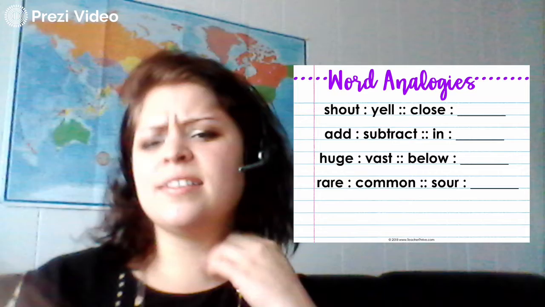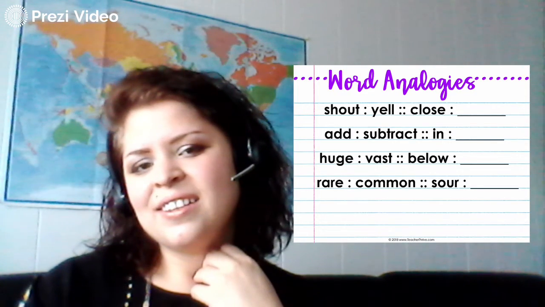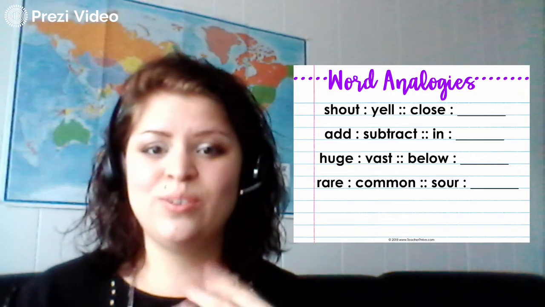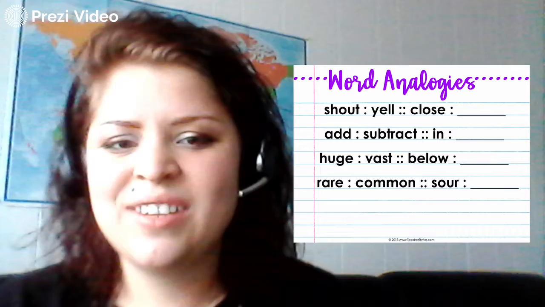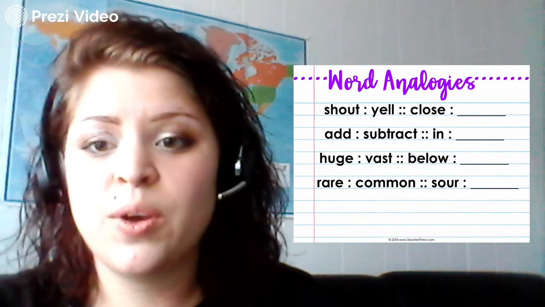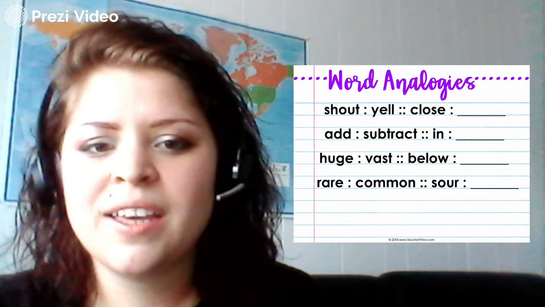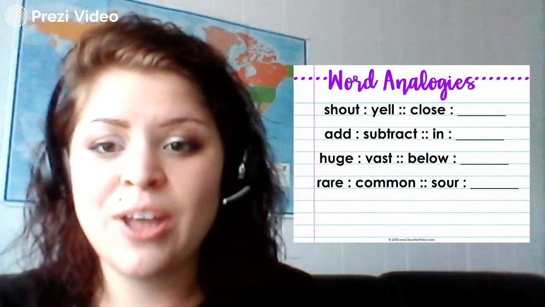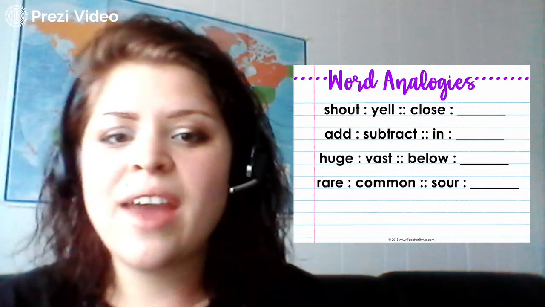Huge and vast. That might be tough. What's vast? Yeah, so huge and vast are synonyms, so we want a synonym for below. Huge is to vast, as below is to under. Rare and common.